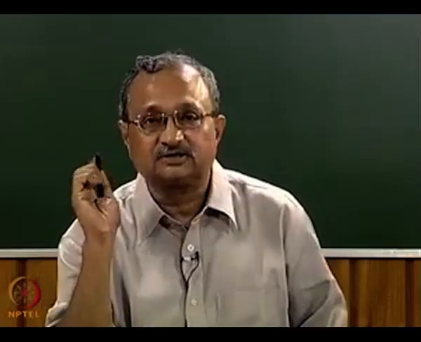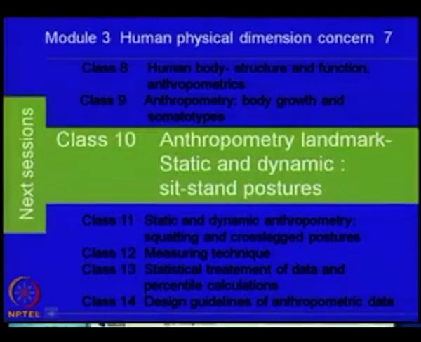Now, next class we are going to discuss, that is the session number, class number 10, anthropometry landmarks, specifically for static and dynamic sit stand postures. Basically, this we are going to discuss next day.